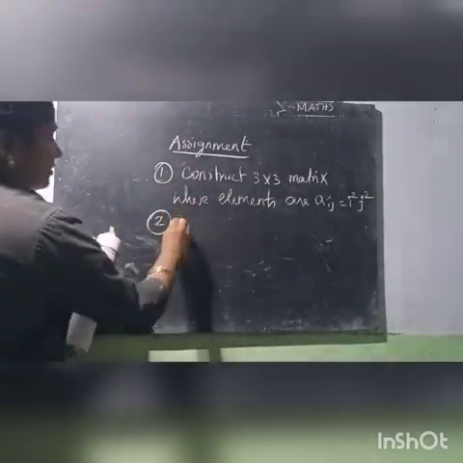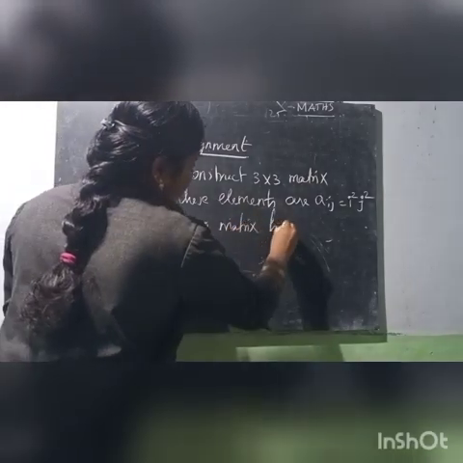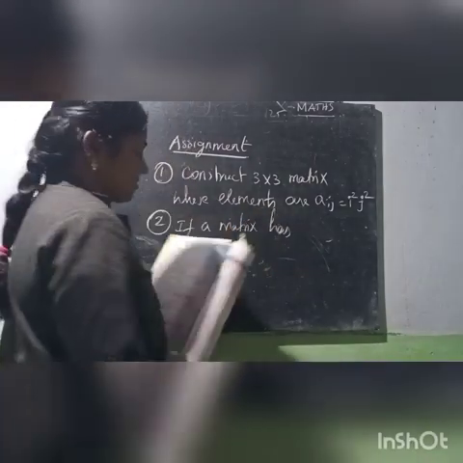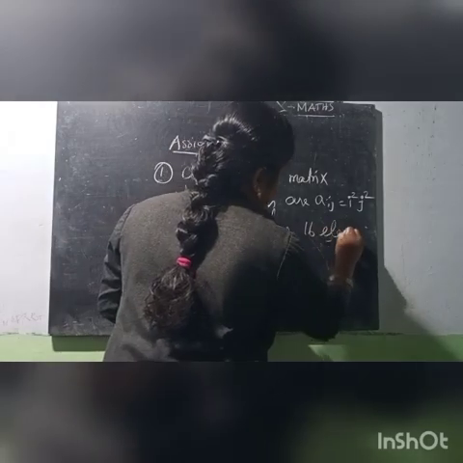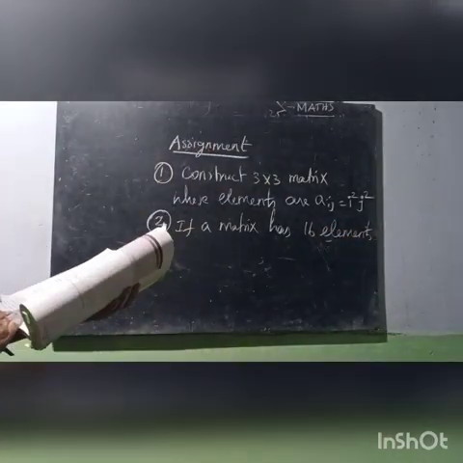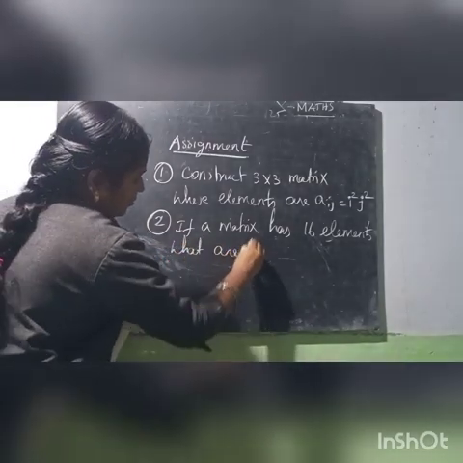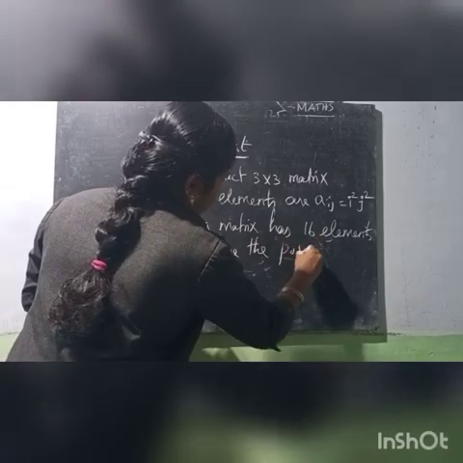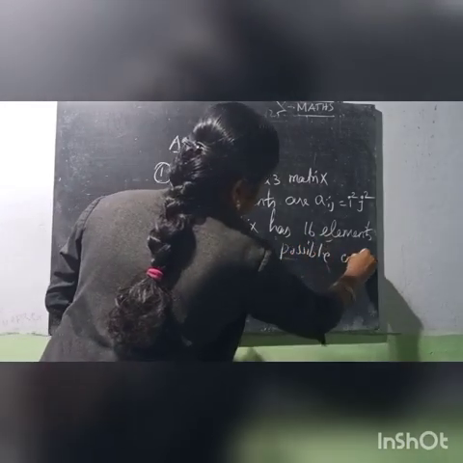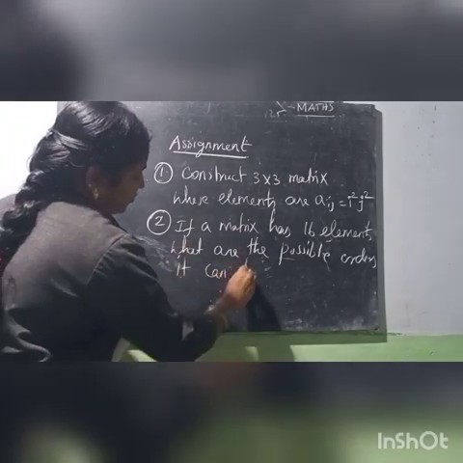Second one: if a matrix has 16 elements, what are the possible orders it can have?